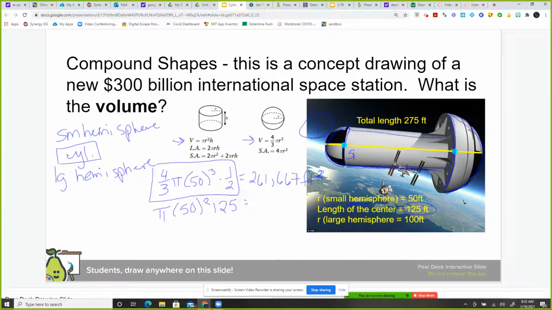So if you put all that in the calculator, 3.14 times 50 squared, and then times 125, you get something even bigger. 981,250 feet cubed.